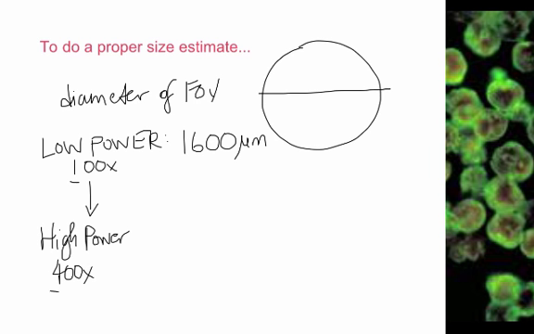So I get 4 times closer to the object, so that means I have to take this 1,600 micrometers, I divide it by the 4 times closer that I get, and my high power field of view diameter is 400 micrometers across.